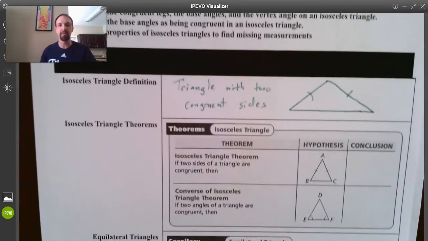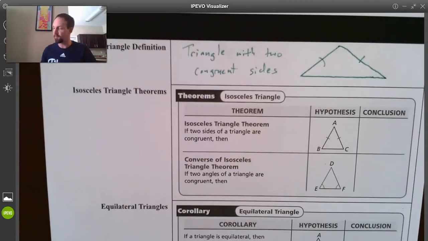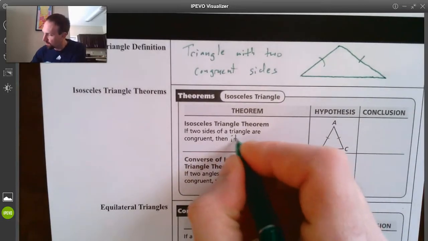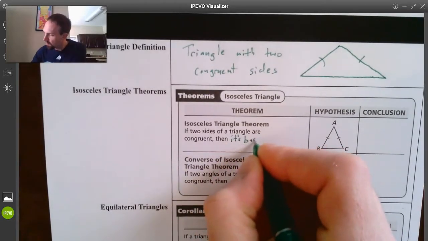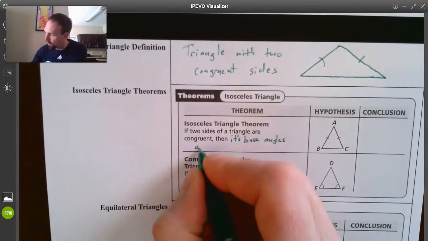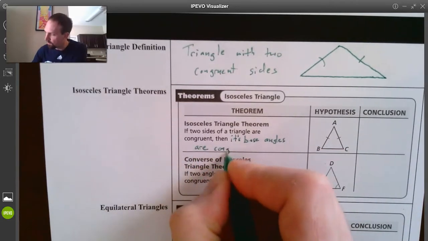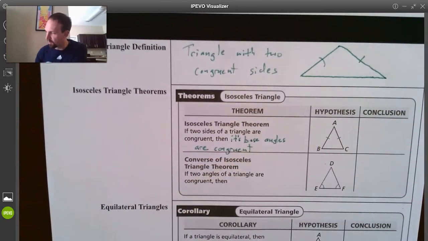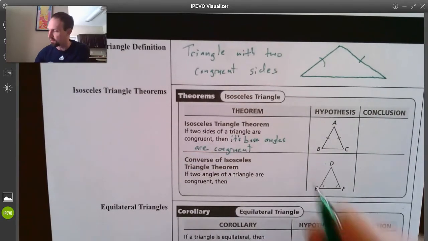With this, we have a few theorems. So if two sides of a triangle are congruent, then its base angles are congruent. Now, the base angles are the angles that are associated with the leg that's not congruent to the other two.